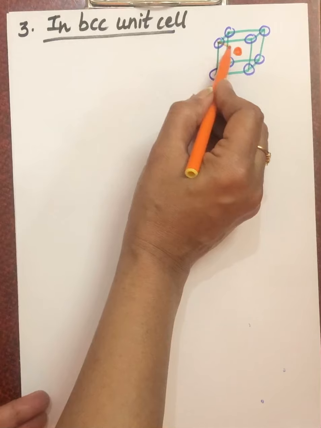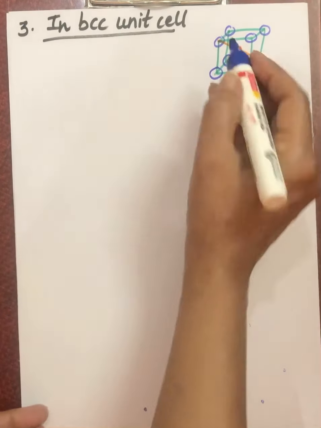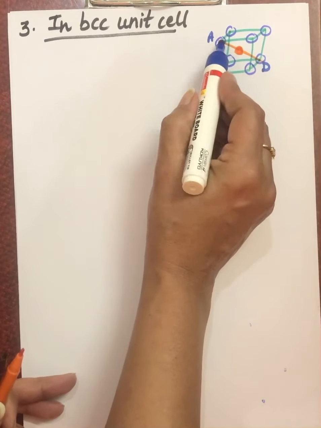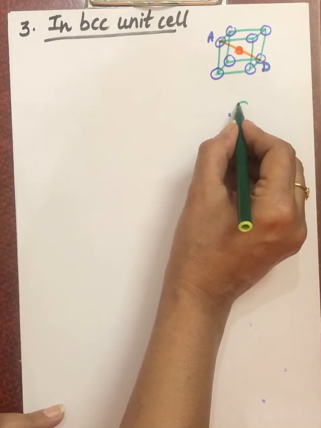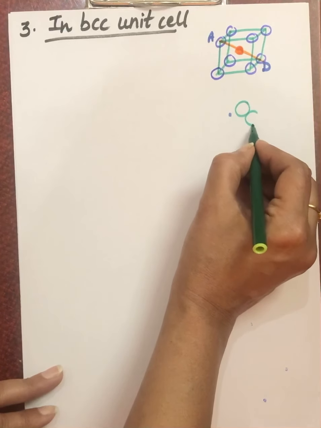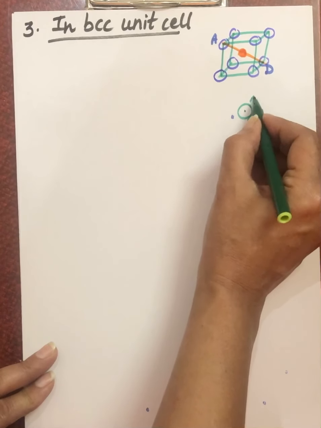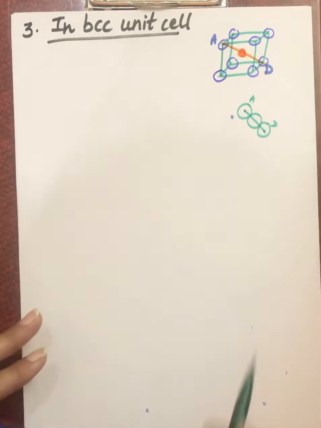Now when we join these particles, this I am taking as A point, this I am taking as D point. These three particles which are here on AD actually are touching each other. This point is A and this point I am taking is D. So this is AD.